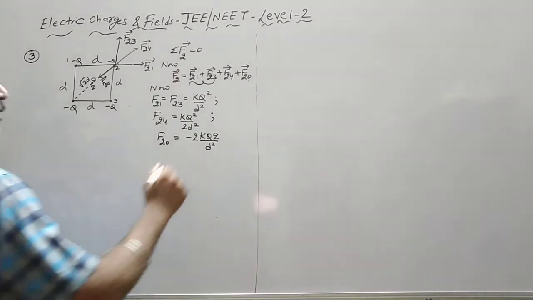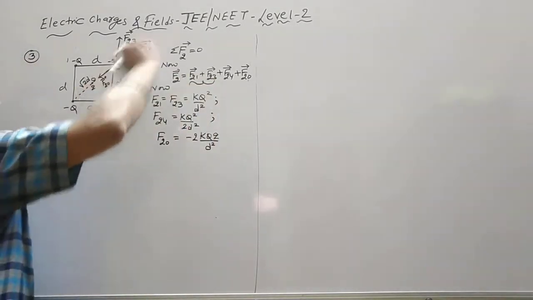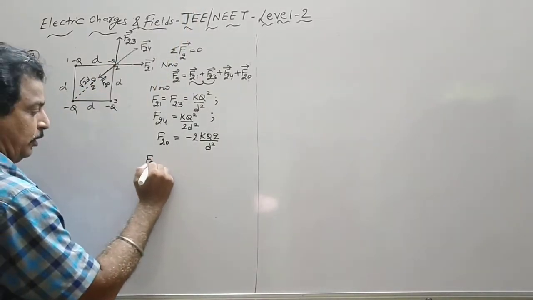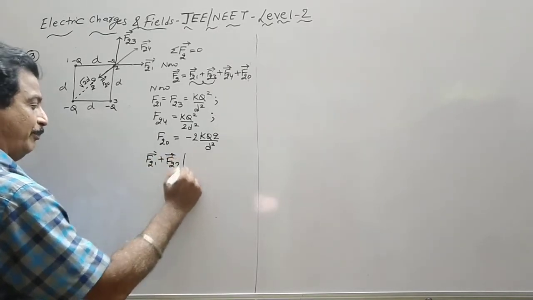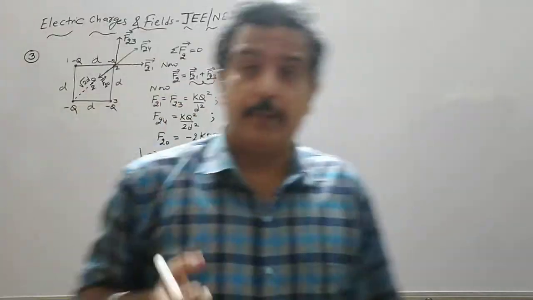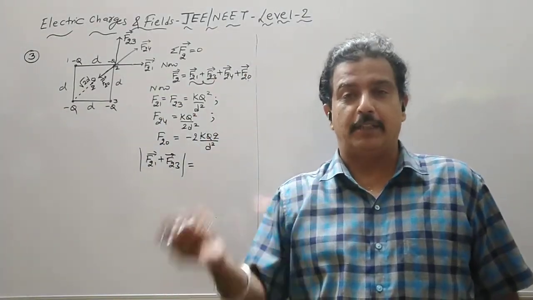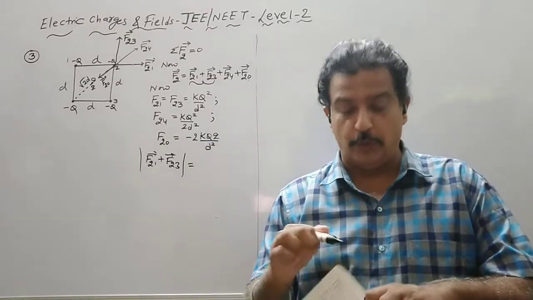Now we find out the resultant of these 2, and it will be in the direction of F24. So the magnitude of F21 plus F23. We know that if the magnitudes are the same, the resultant is root 2 times. Otherwise, you apply the formula under root a square plus b square plus 2ab cos 90.